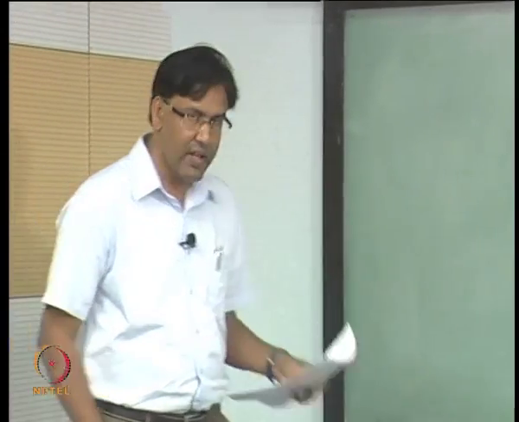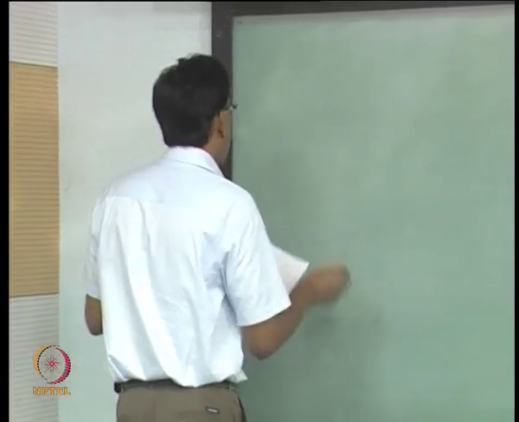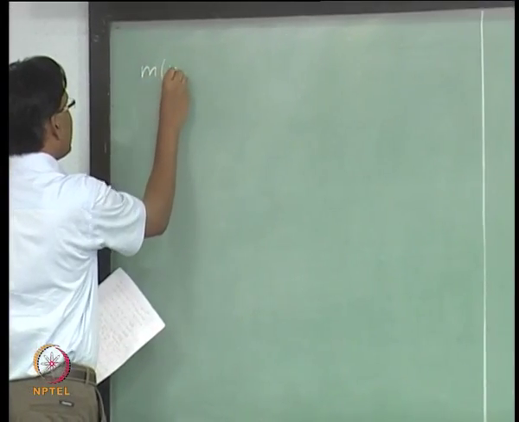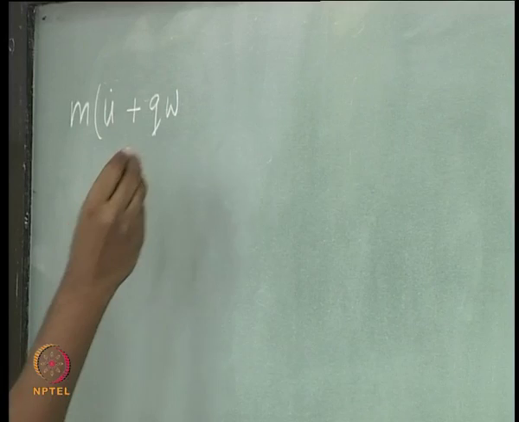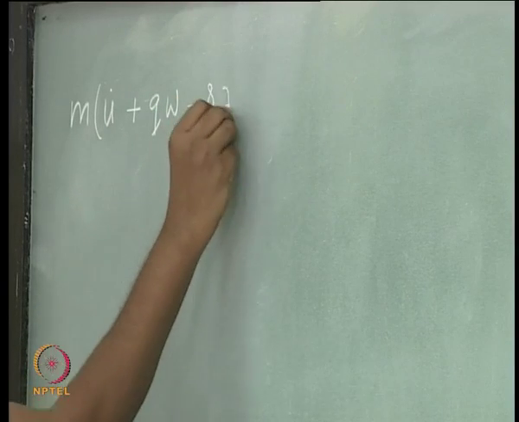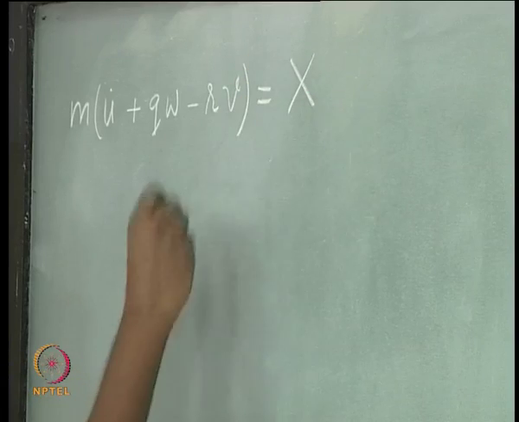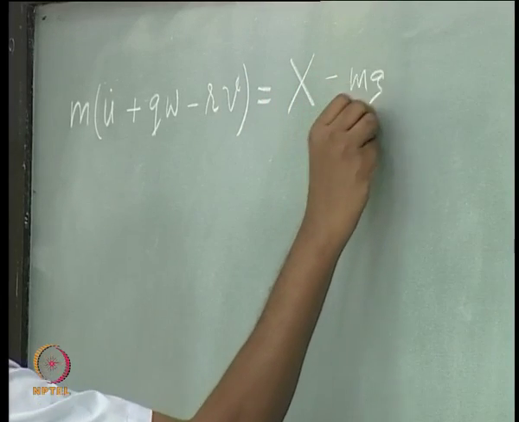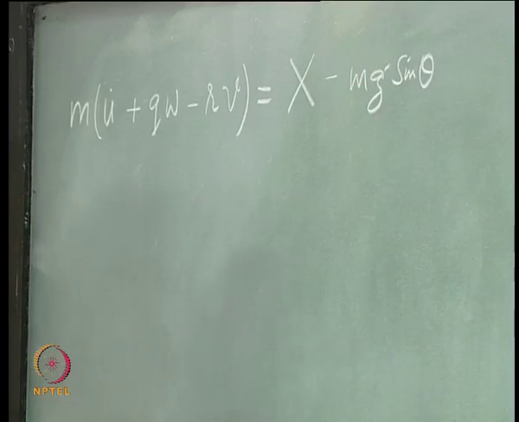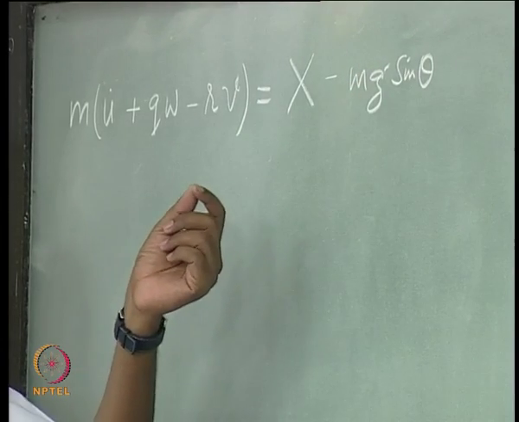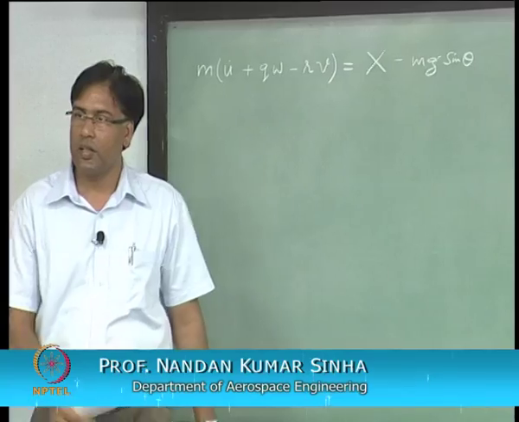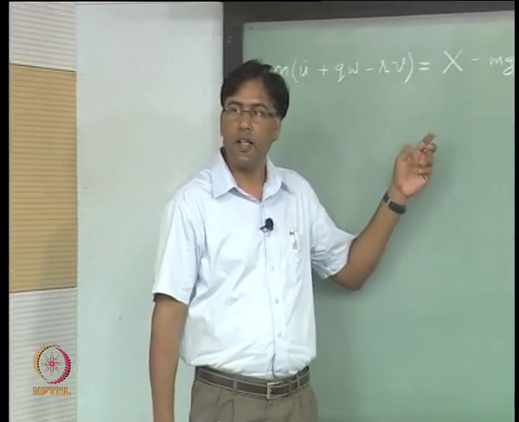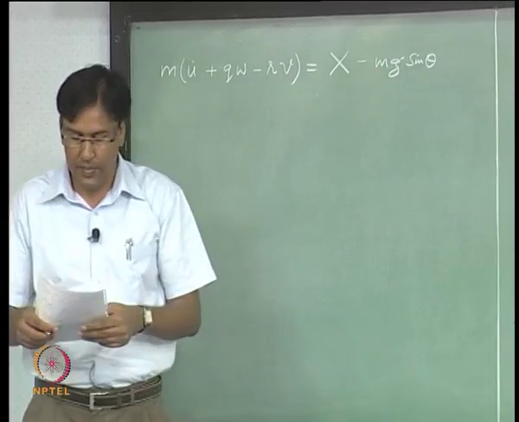Okay, so let me summarize the equations of motion. I am keeping here all the forces together, external forces acting along the x axis of the aircraft, and this is the gravitational force which I have kept separately.